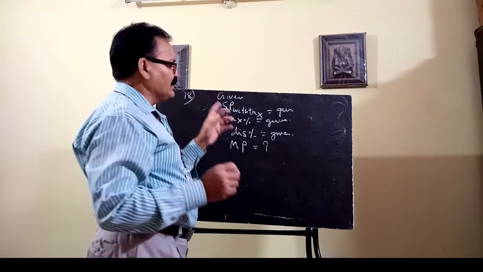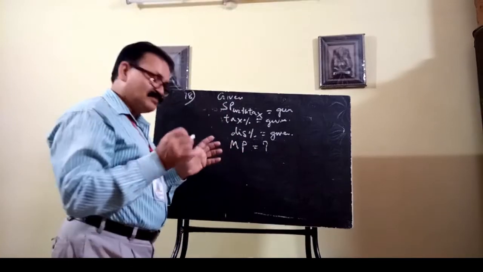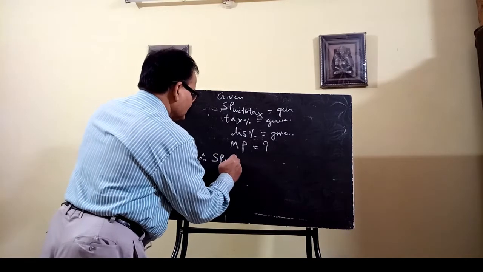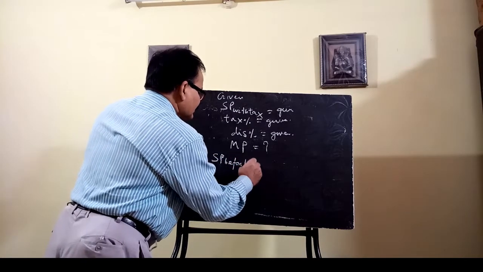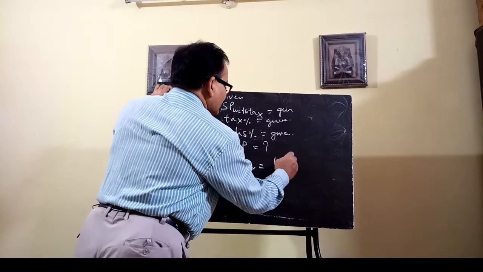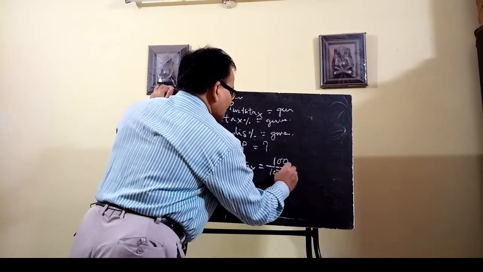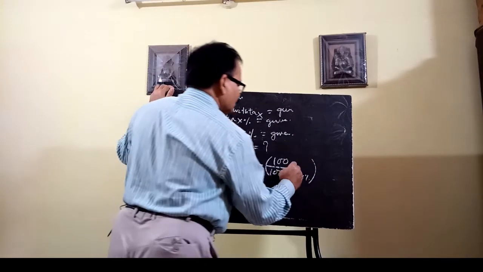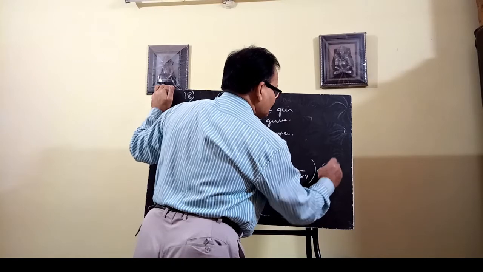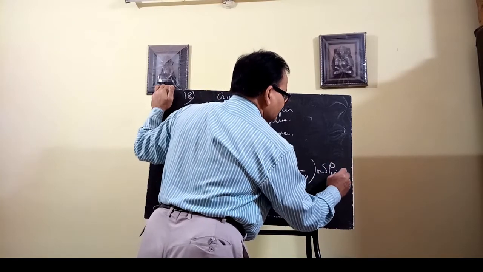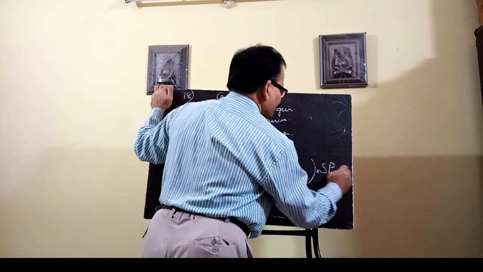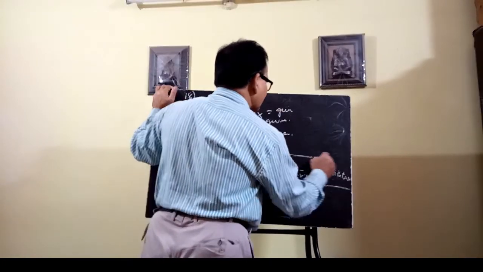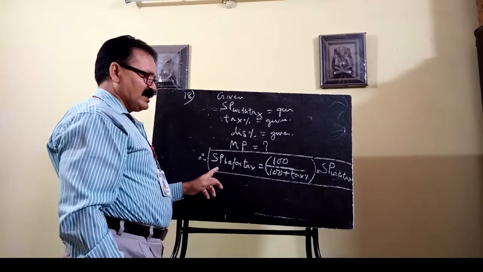Your first priority is to find the SP before tax. SP before tax can be calculated by 100 divided by 100 plus tax percent, into your SP with tax. This is the formula by which you can calculate the SP before tax.